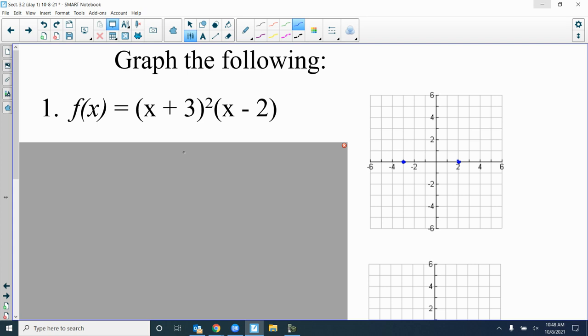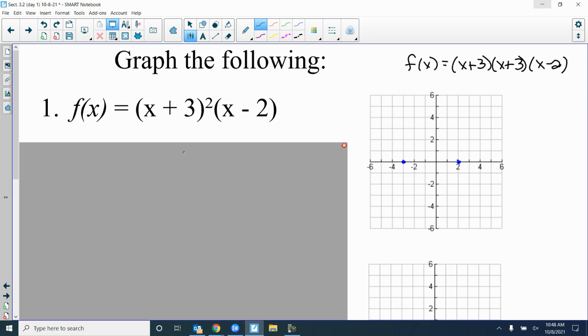Now you have to be able to look at it in this form and tell me what degree it is. I'm going to erase this in a second, but think about this. This is f of x. I could write that as x plus 3 times x plus 3 times x minus 2, because you have x plus 3 squared. If you multiplied that all back out, what would be the highest degree I'd come up with? 3rd.